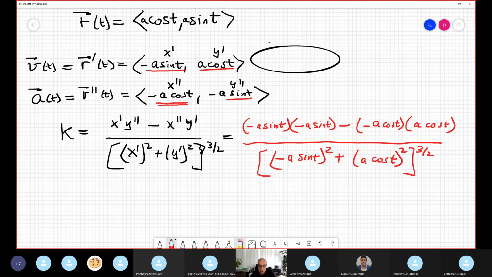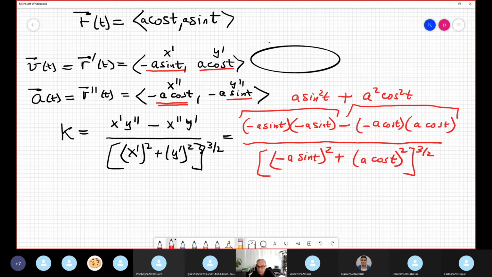Okay? Entonces we have here, this and this together is a square sine square t, and this together, double minus becomes positive, a square cosine square t. Therefore, by factorization, a times a square outside, and sine square plus cosine square is 1.